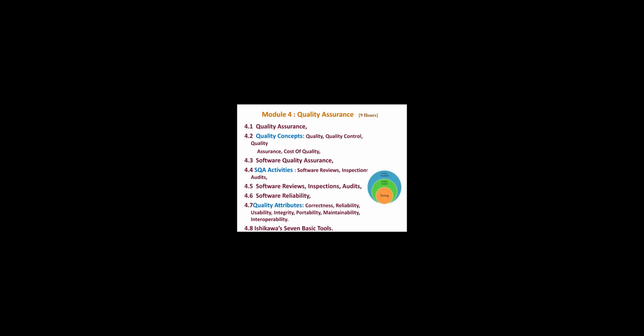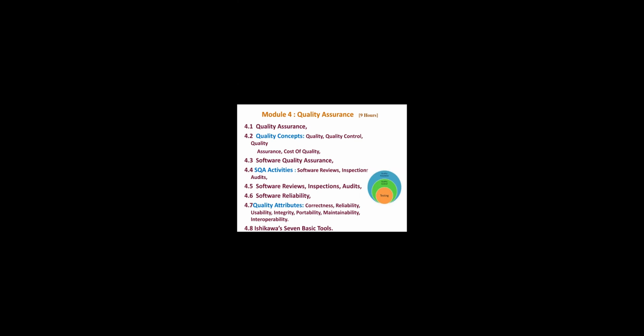First, we will discuss what is quality assurance, what do you mean by quality, and how quality assurance is different from quality check. Then we will discuss the concepts of quality like quality control, quality assurance, and cost of quality. The next topic is software quality assurance and what are the activities and process elements associated with the quality assurance.